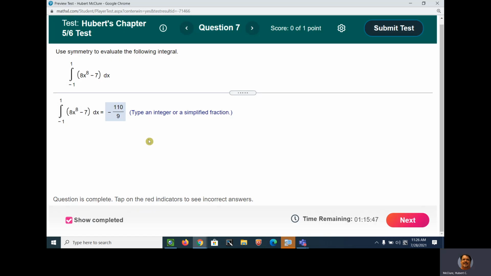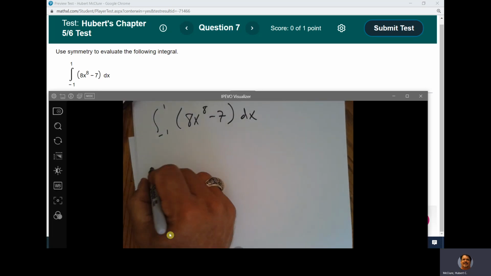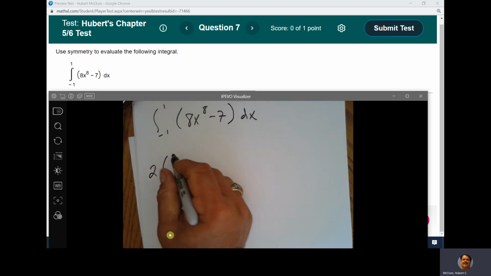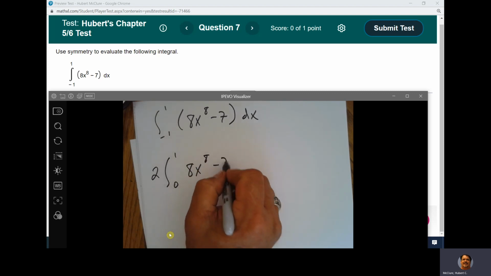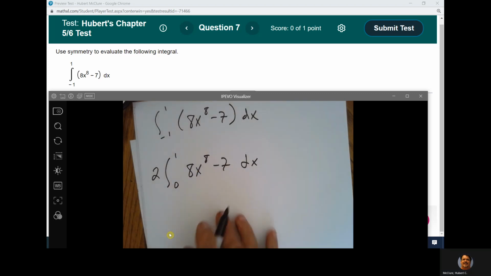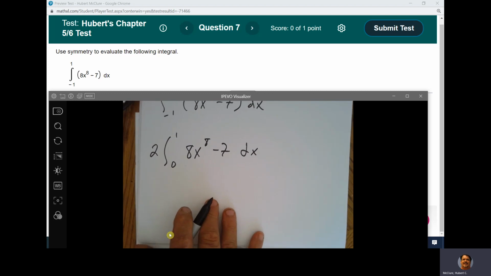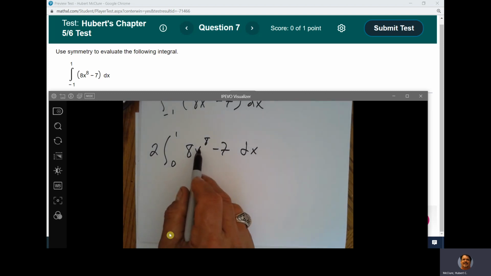So the antiderivative from -1 to 1 of 8x to the 8th minus 7 dx. Well, I would do from 0 to 1. I would do 2 times the integral from 0 to 1 of 8x to the 8th minus 7 dx. And then, of course, you could take the antiderivative here.